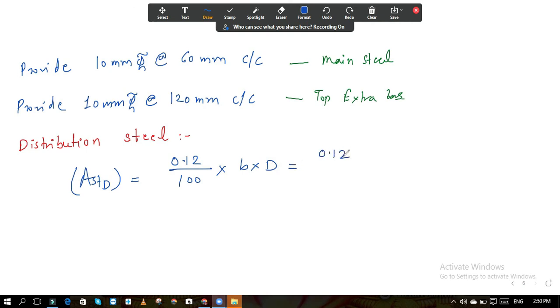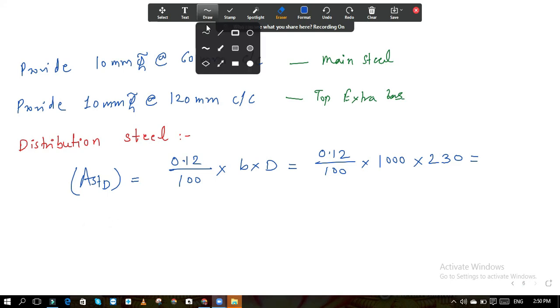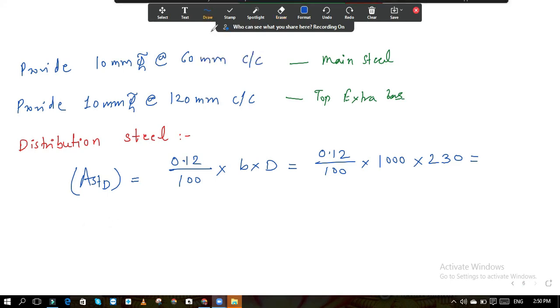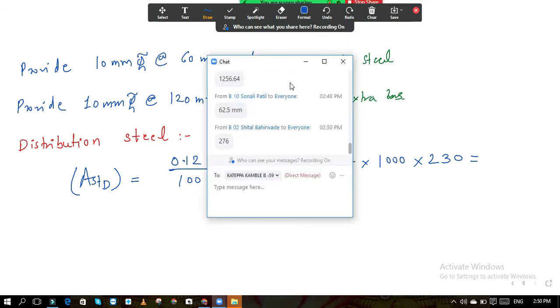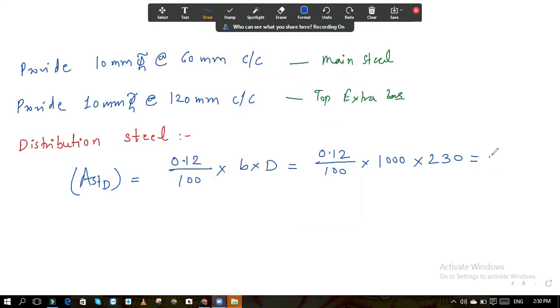So it is 0.12 by 100 into gross area, B is 1000 into depth 230. So ASTD is equal to 276. Okay. Calculate number of bars.